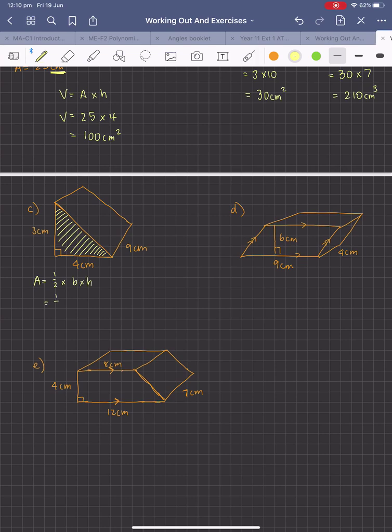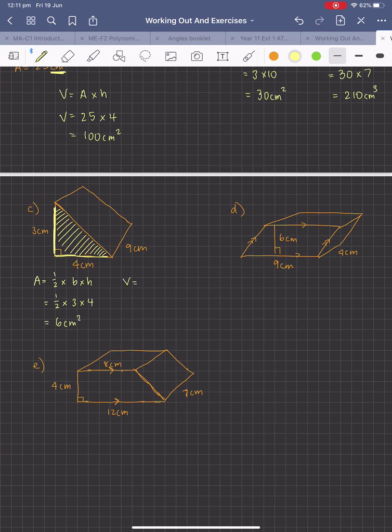Now remember, the base and the height are the 2 lengths that meet at a right angle. In this case, it's a right angled triangle, so your base and height are going to be 3 and 4. So 3 times 4 is 12, and half of that is 6, so I get 6 centimeters squared.